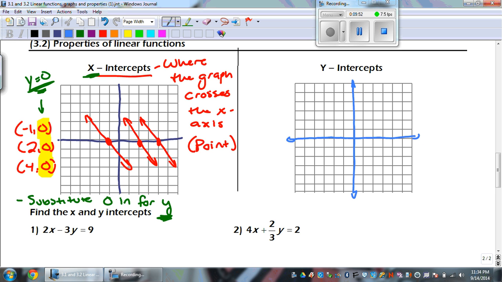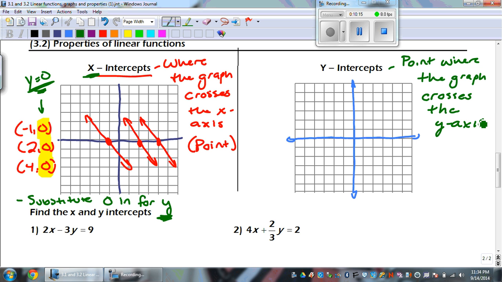Just everything switched around. The y-intercept is the point where the graph crosses the y-axis. So I could have my graph going through like this.